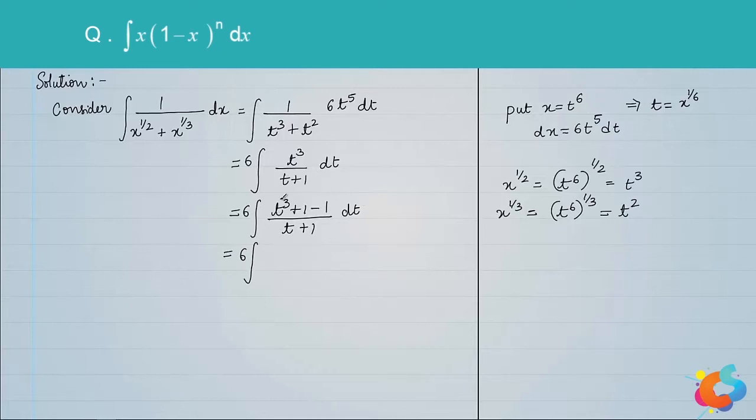We can split this integral as t cube plus 1 by t plus 1 minus 1 by t plus 1. And this t cube plus 1, we will use the formula a cube plus b cube. We know that a cube plus b cube can be written as a plus b into a square minus ab plus b square.